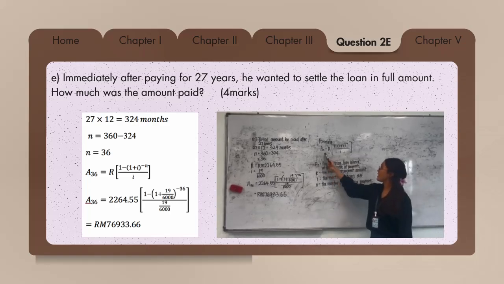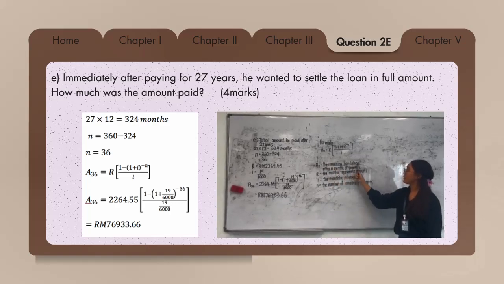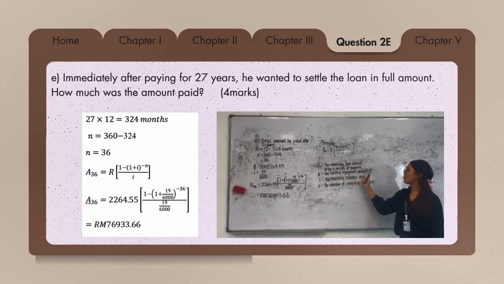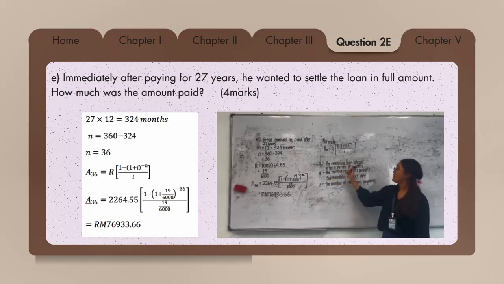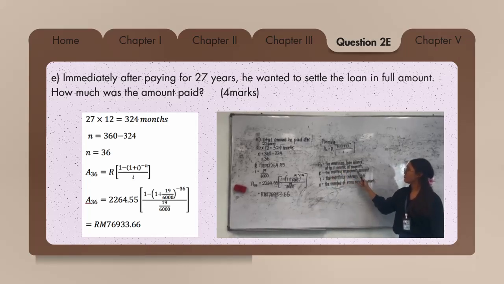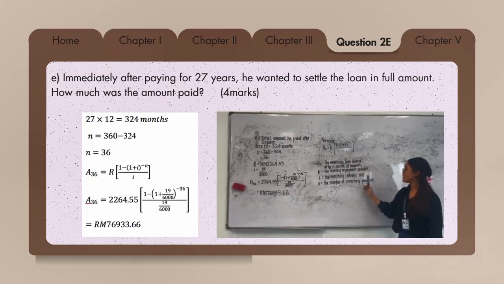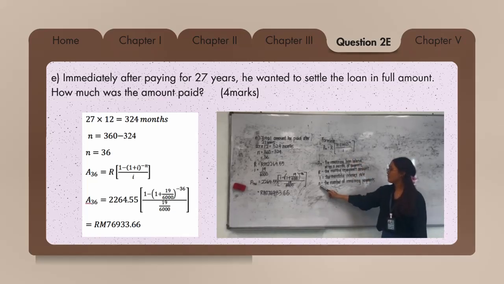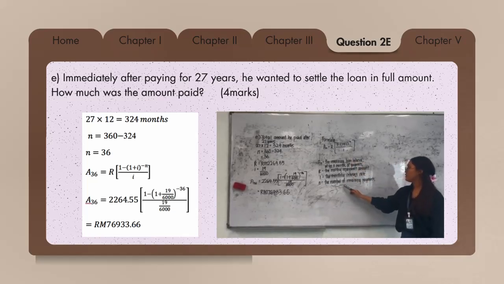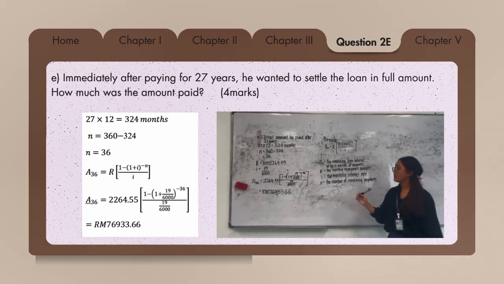A is the remaining loan balance after n months of repayment. R is the monthly repayment amount. i is the monthly interest rate. And last but not least, n is the number of remaining payments.